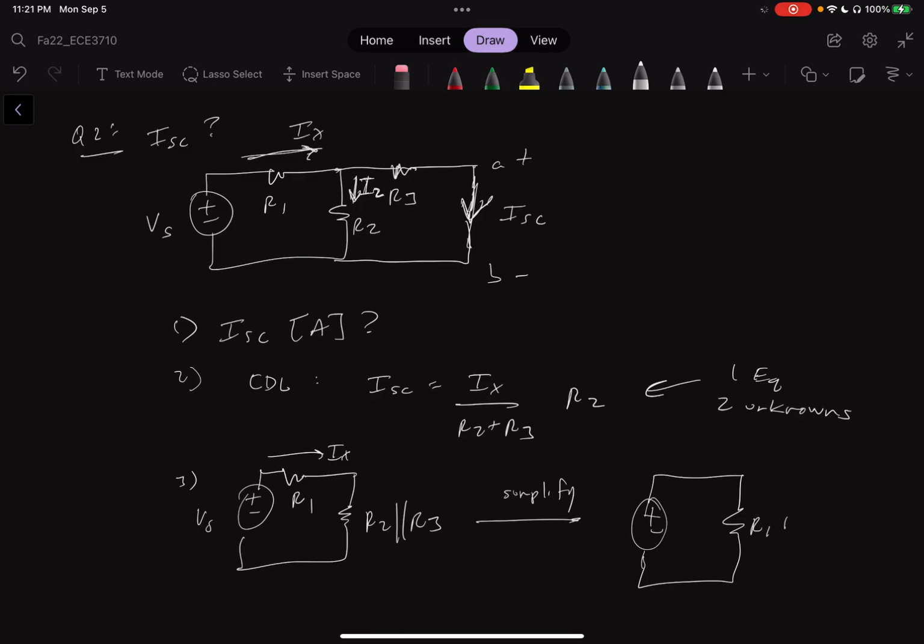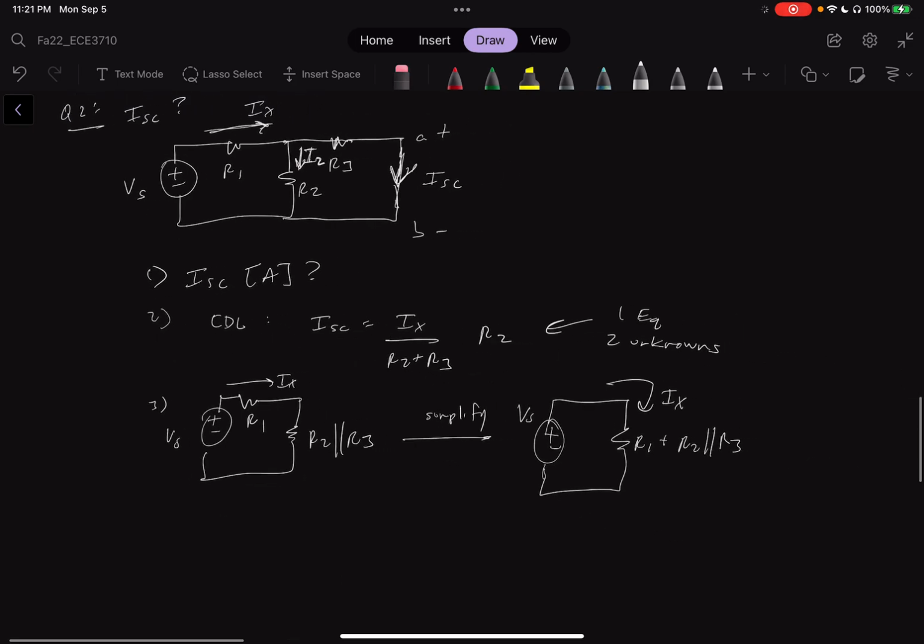But this is R1 plus R2 parallel to R3. This is Vs. You can use Ohm's law to solve for Ix. So Ix is going to be equal to Vs divided by R1 plus R2 parallel to R3.